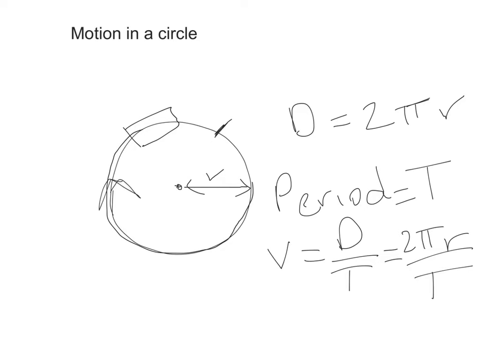The period is given as capital T. If we want to work out the speed of this car, we divide the distance by time, in this case a period, the time taken to do the complete loop. So it comes out as v equals 2 pi r divided by T.